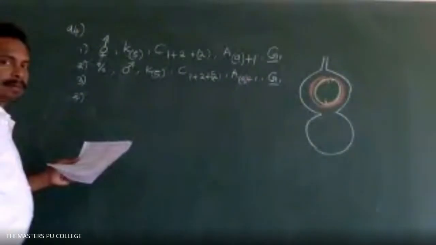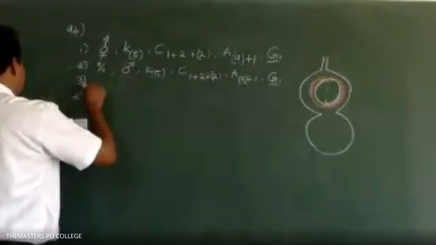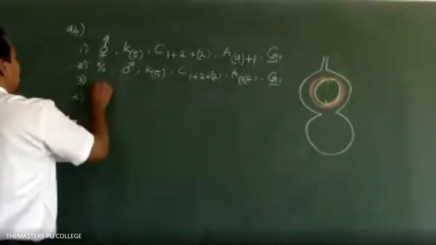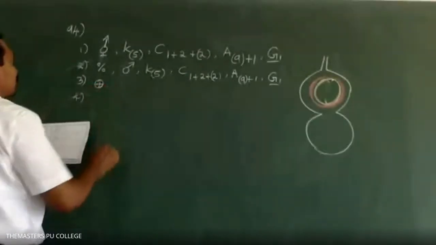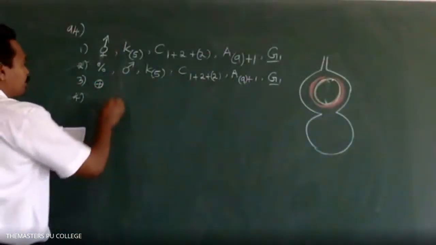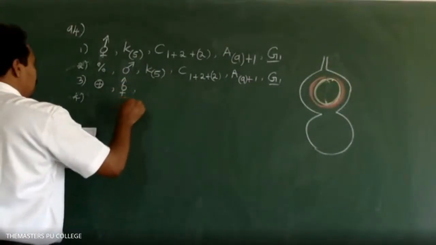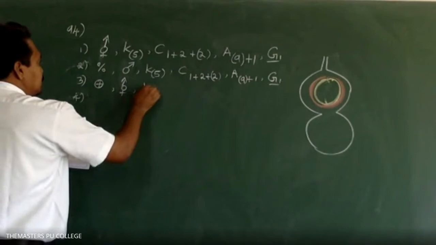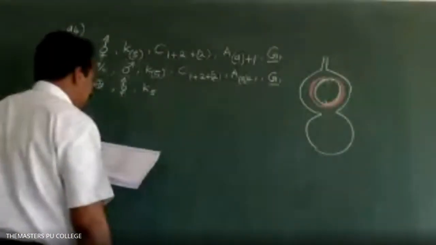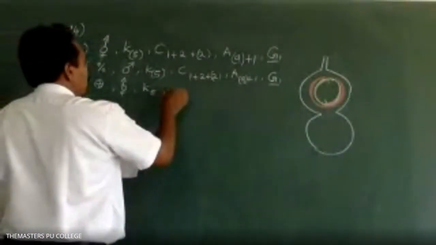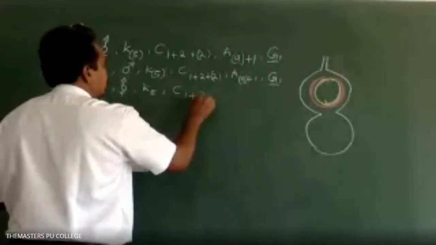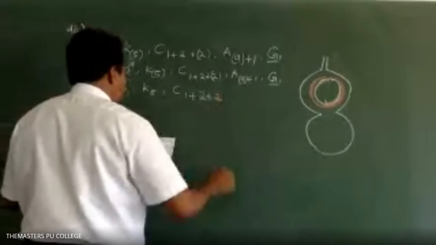The third option: flowers are actinomorphic, bisexual, sepals are 5, not fused, K5, petals are 5, 1 plus 2 plus 2.